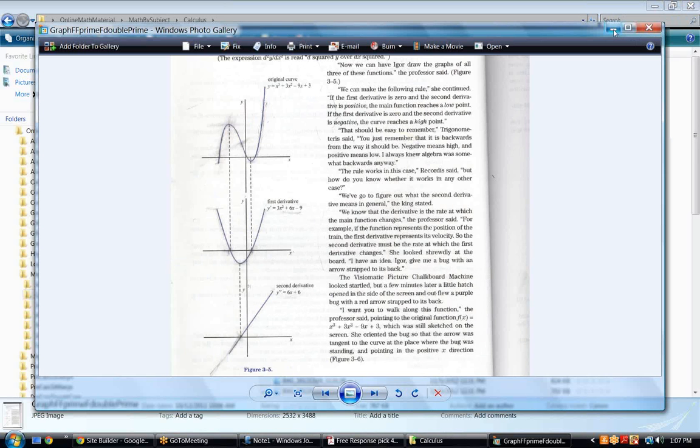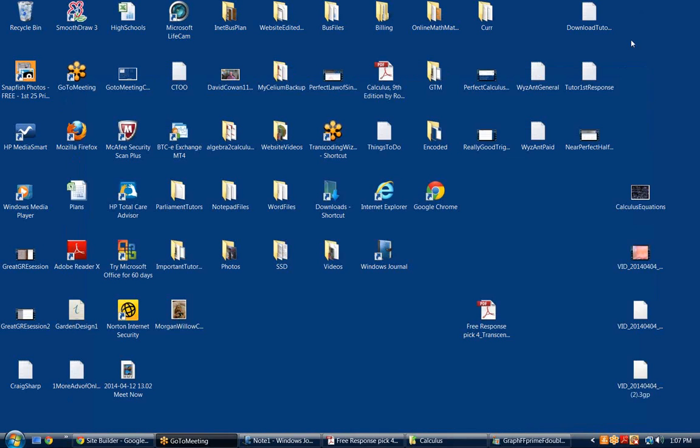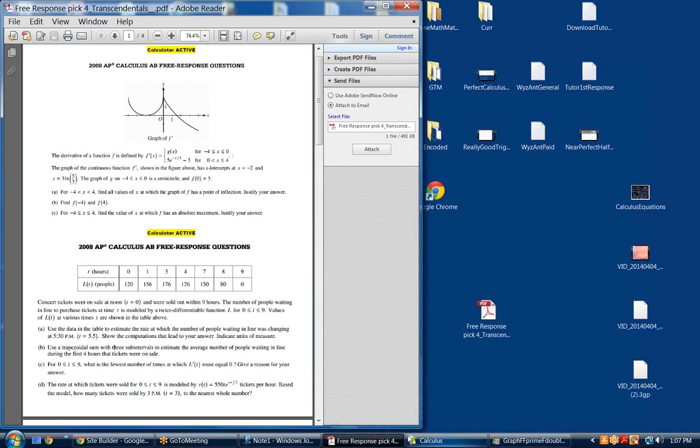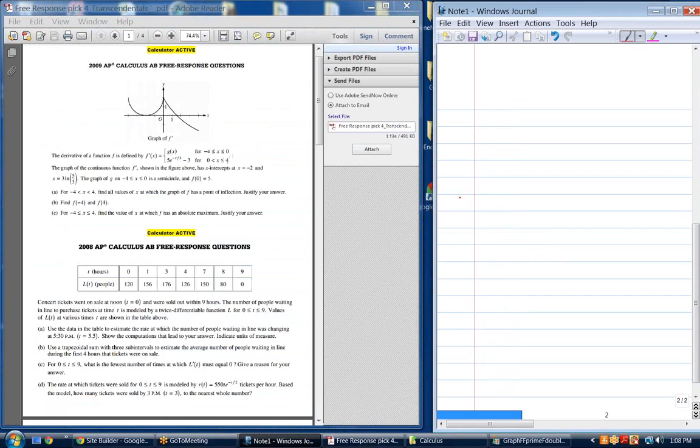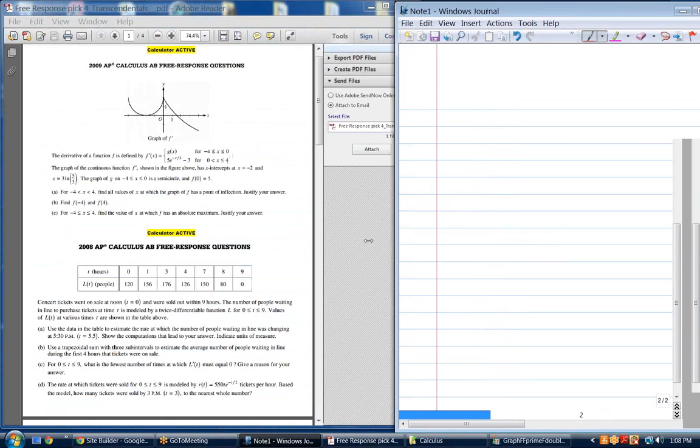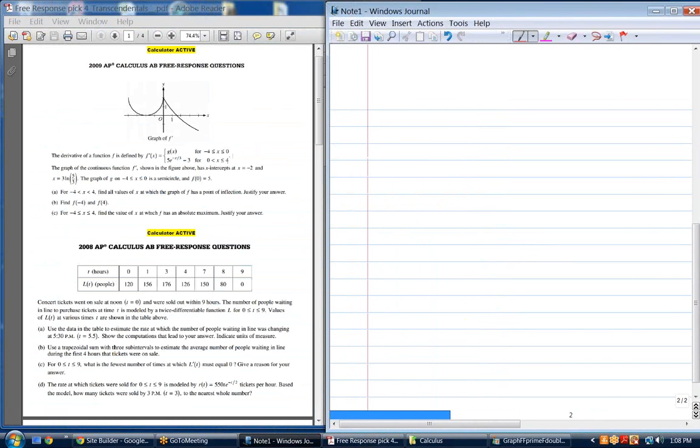So in this problem, we want to take the second derivative of that function and find out where it's equal to 0. Well, we're going to take the second derivative.